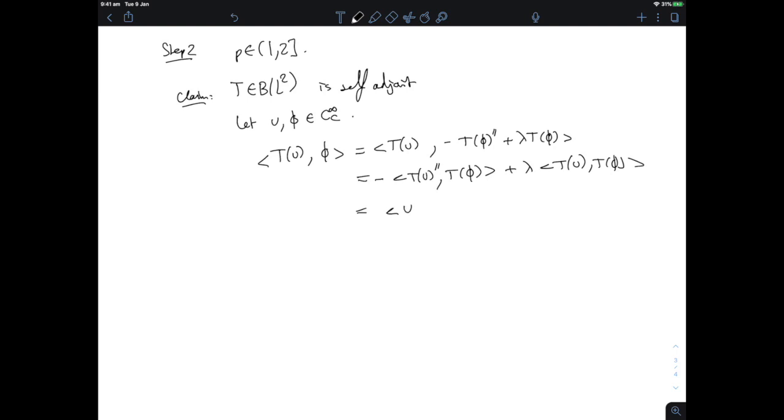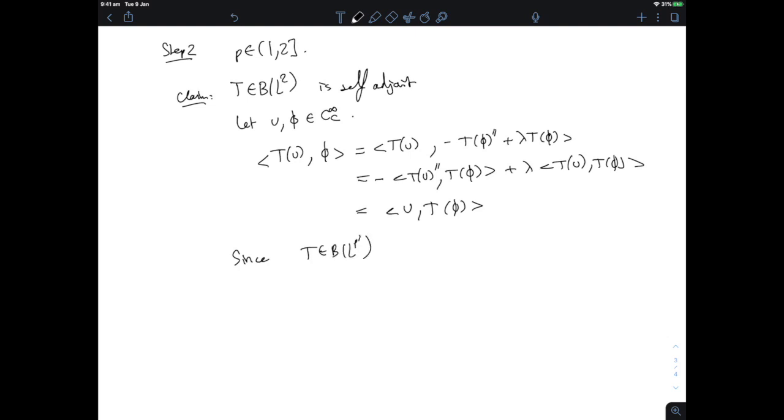So this entire thing is equal to u times T phi. That's for every u and phi compactly supported in C infinity, but because this set is dense, this implies that T is indeed self-adjoint.